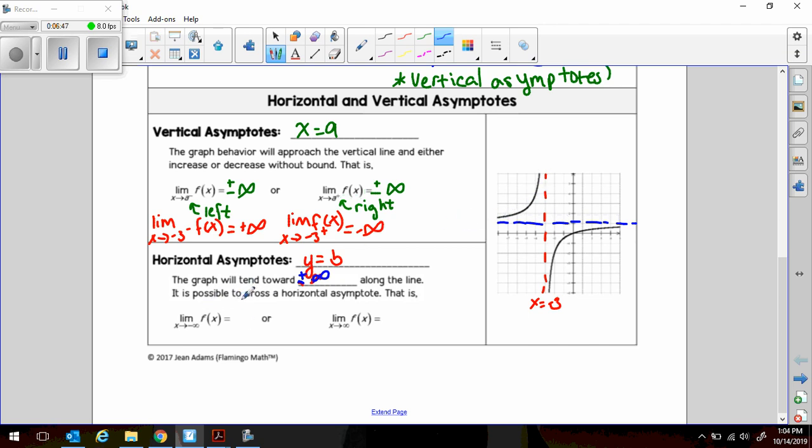So as x approaches infinity, your y values look like they're going really close to 1. For your function, as we go to the left, the y values also look like they're getting really close to 1.